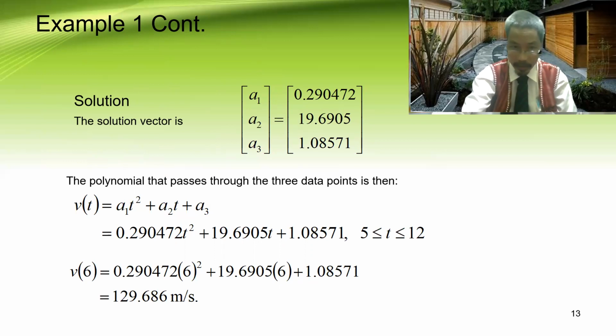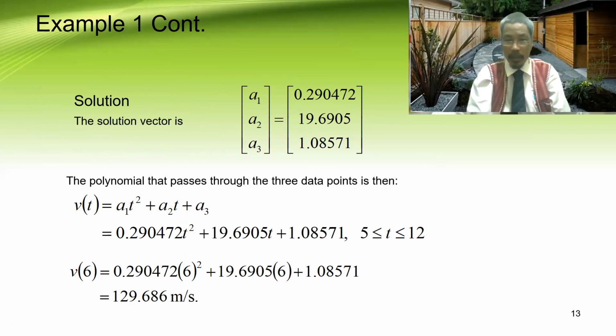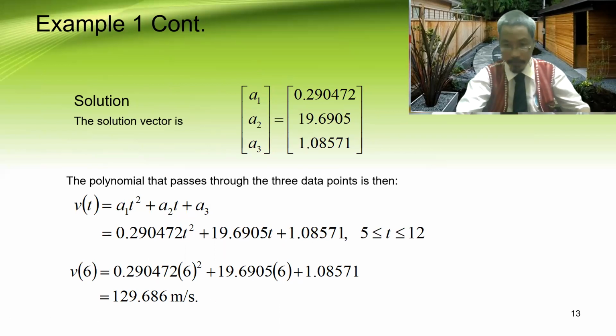So coefficient A1, 0.290472 times 6 squared plus 19.6905 times 6 plus 1.08571. If you use your calculator, the answer is 129.686 meters per second. So this is our answer.